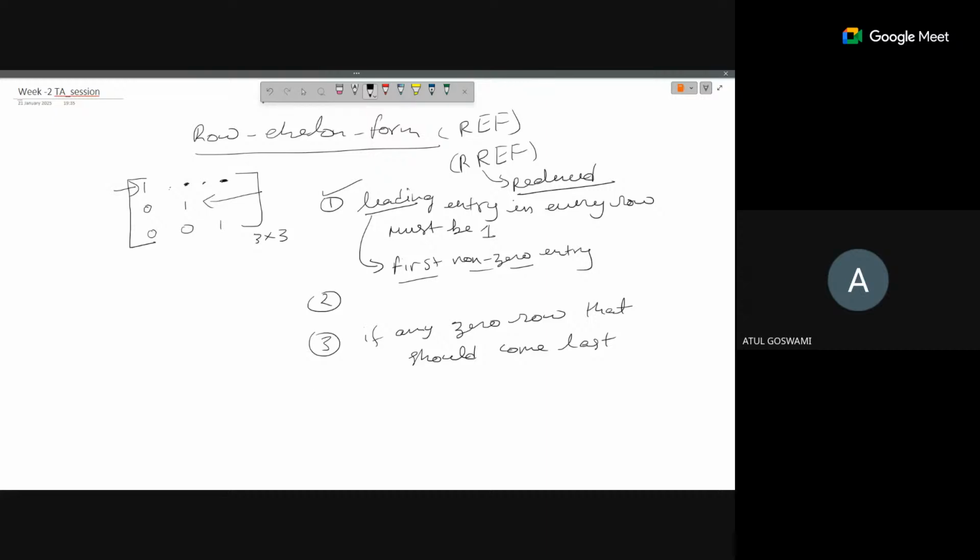Okay, and the fourth condition, which is important just for RREF, is that every other entry in a column, except a leading one, should be 0. Okay, so these are the conditions.